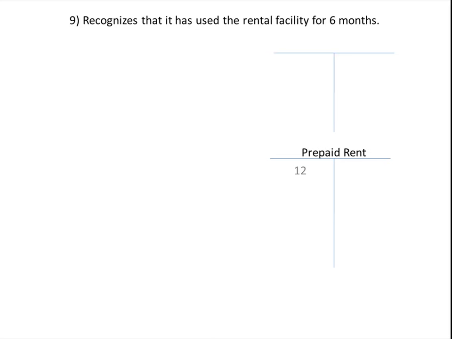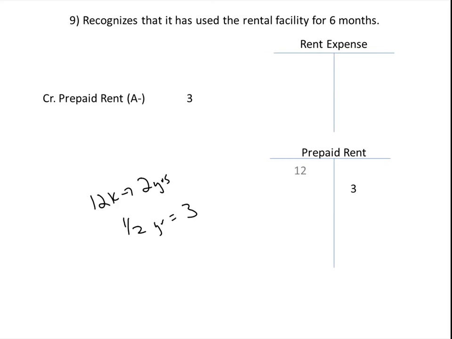And so where did that money go? Well, it went into rent expense. Of course, our $12,000 was for 2 years, and we have used half of a year. And so we have used $3,000 worth of prepaid rent. We're going to reduce our prepaid rent by $3,000.